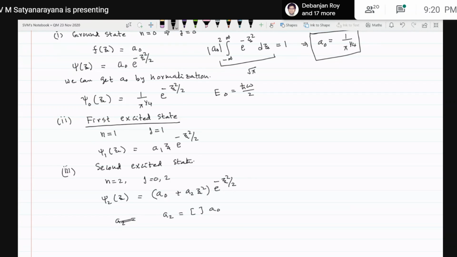So your psi n of xi, the nth excited state, can be written as some constant, which I will write as Nn, into a polynomial called the Hermite polynomial, Hn of xi, into e to the minus xi square by 2. Okay, so this Nn is a normalization constant.